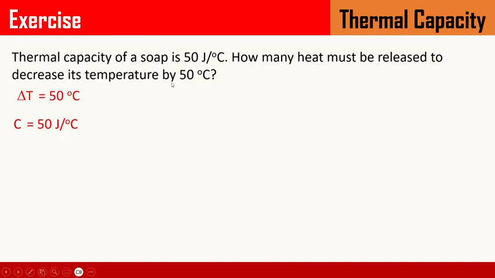When there is the word by and then a temperature, that means delta T, the change in temperature. So since the words are by 50 degrees Celsius, delta T is 50 degrees Celsius. Then you have to find the Q, right? The Q will be C delta T. So that is the thermal energy.